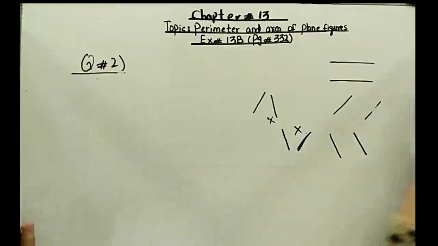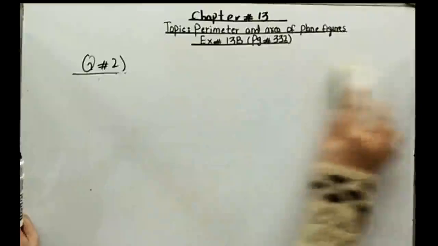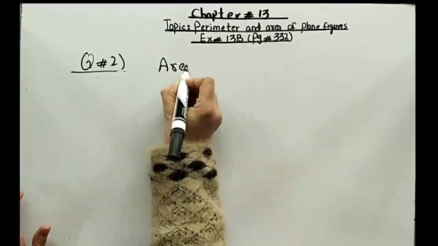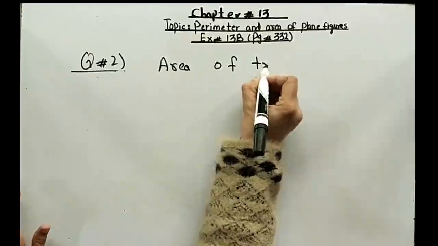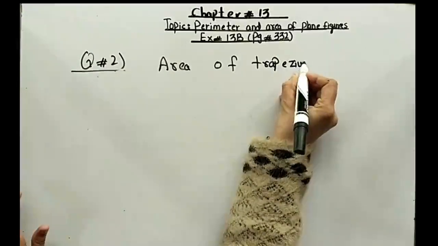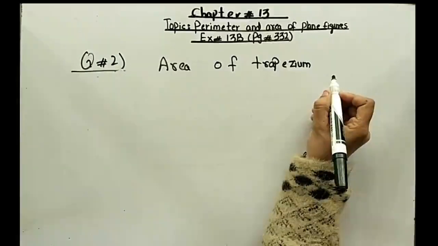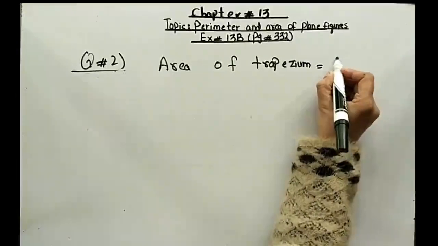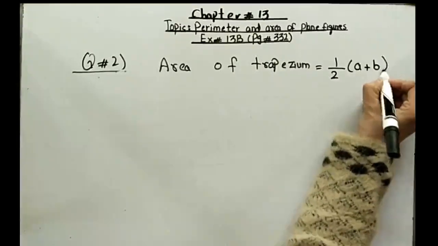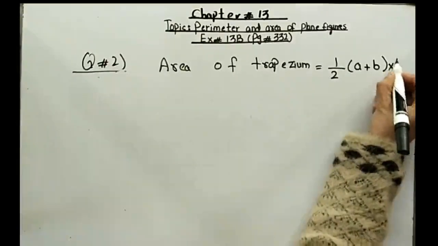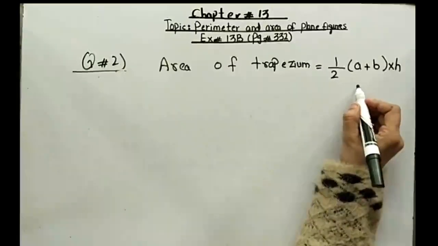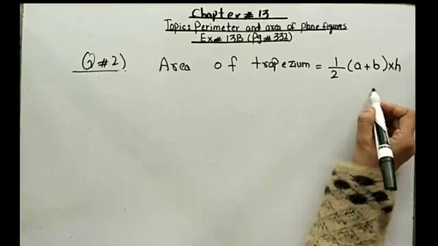first we will write the formula of the trapezium. Area of trapezium is equal to half, 1 by 2, the sum of the two parallel sides multiplied by h. A is one parallel side and B is the other parallel side.